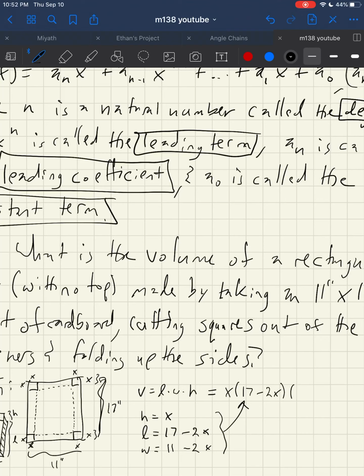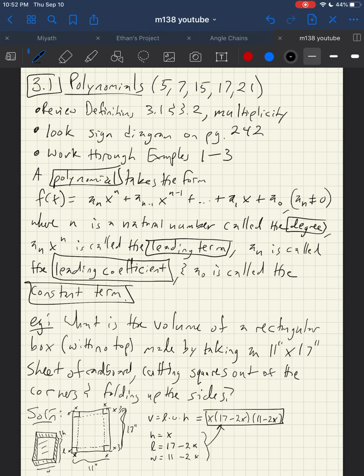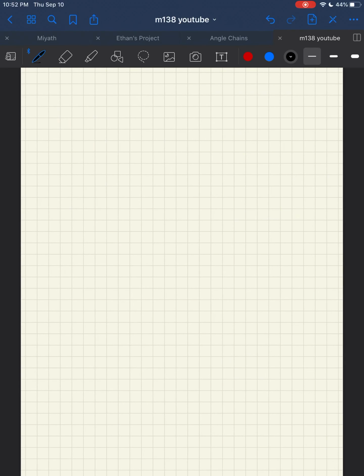So it's x times 17 minus 2x times 11 minus 2x. Now, if I multiply all these together, I'll get a polynomial, but this is a fine answer as far as I'm concerned right here. This is good enough. So this is what we're talking about, answering questions like this and dealing with quantities like this.